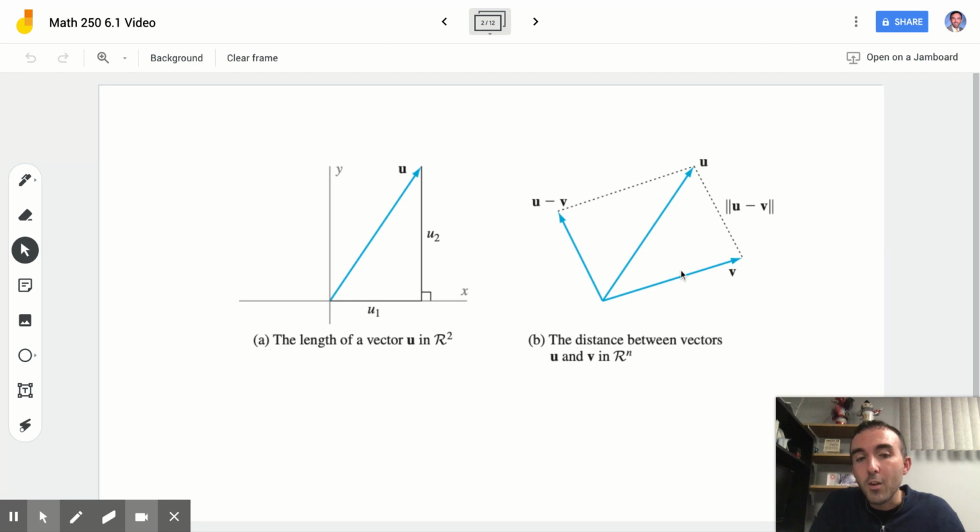If we want to talk about distance between vectors in Rn, this is best represented geometrically. So say I have two vectors u and v. If I want to find the distance between them, you're sort of going tip to tip. You want to figure out how far apart the tips of the two are.